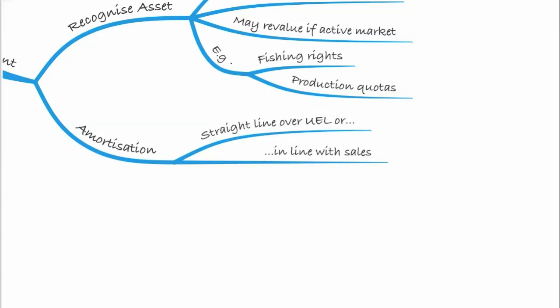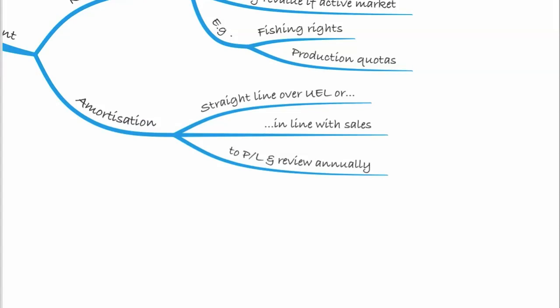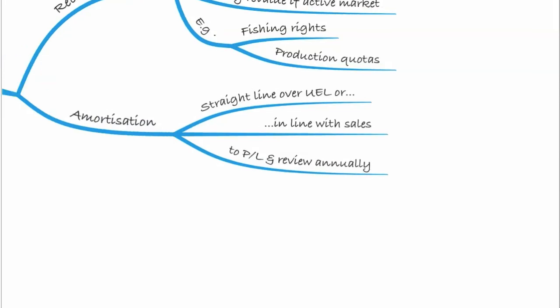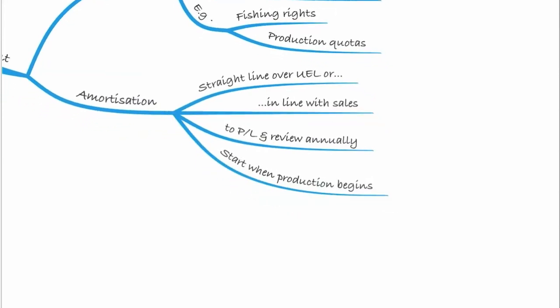Now, when I say write it off, I mean it goes to the profit and loss account. So we write it off to the profit and loss, and we review annually to make sure that the useful economic life is correct and we're doing it in the correct way. One last point on this is that we will start amortizing when production begins.